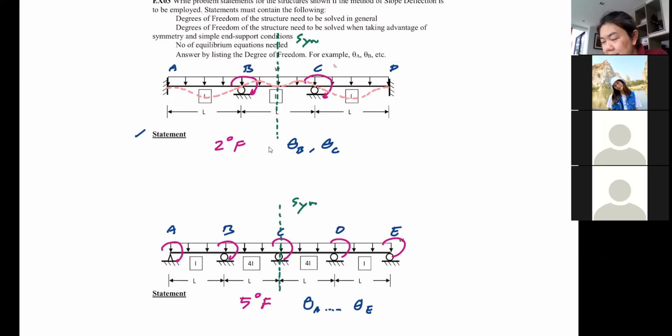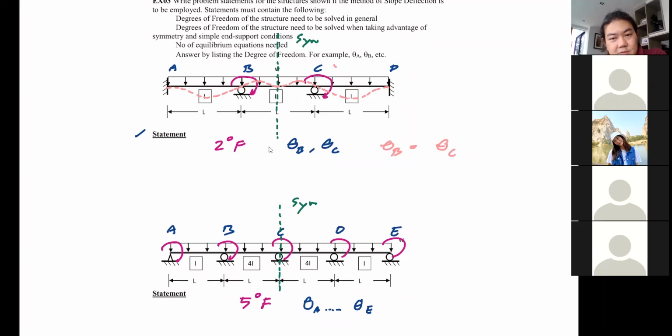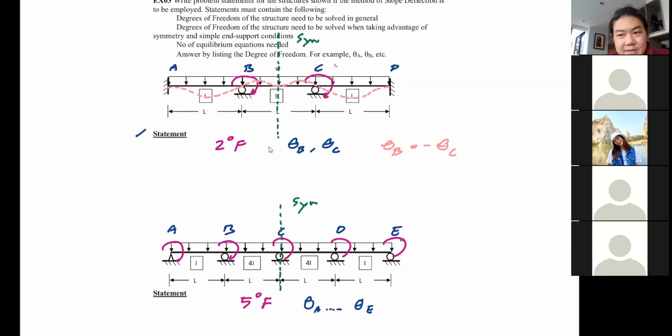And rotation at C is clockwise. But they are symmetric. So that means, can I say theta B is equal to theta C? Is this correct or not? We need to have a minus sign. Excellent. We need a minus sign somewhere because the magnitude is the same, but not the direction.